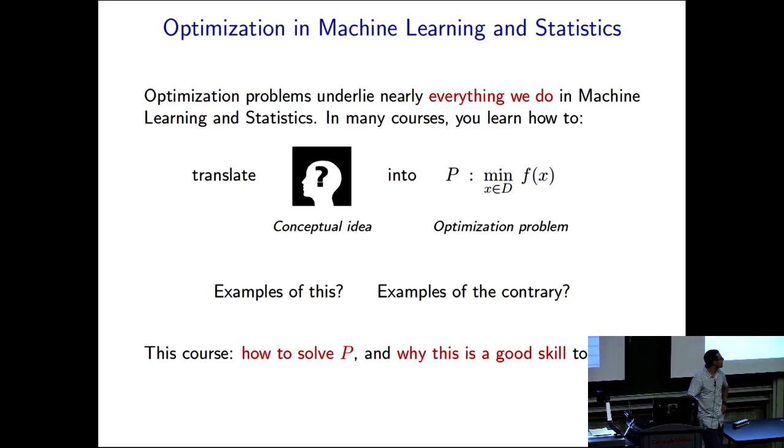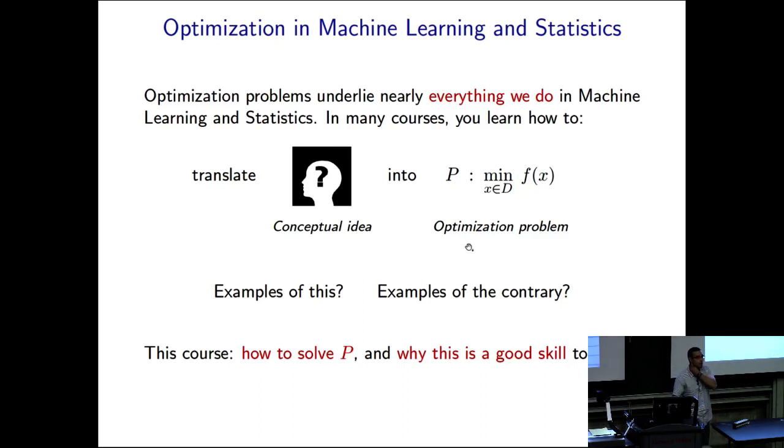It's not a mathematical idea yet. You learn how to translate that idea into something mathematically well defined in the form of an optimization problem. For example, I want to find the coefficients that minimize the squared error. So I want to do least squares regression between the responses and the features. So that's an example of translating some kind of conceptual idea into an optimization problem.